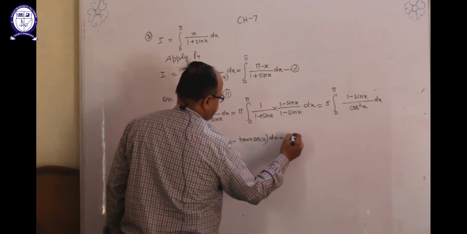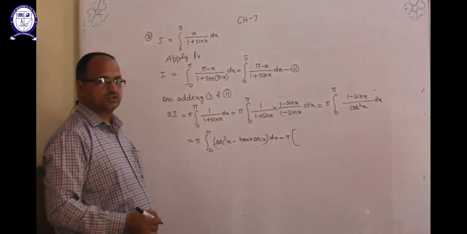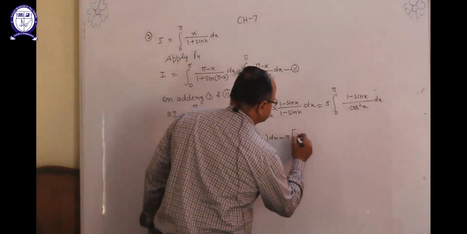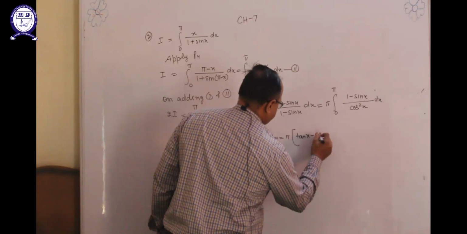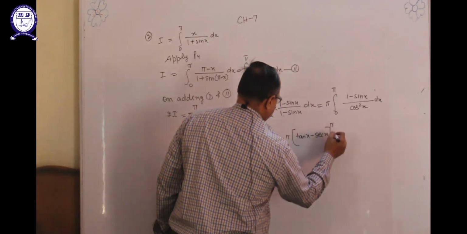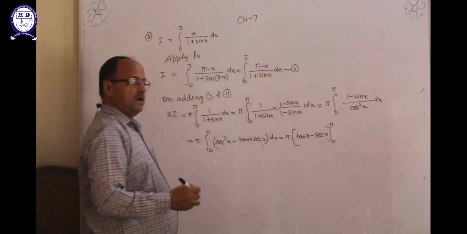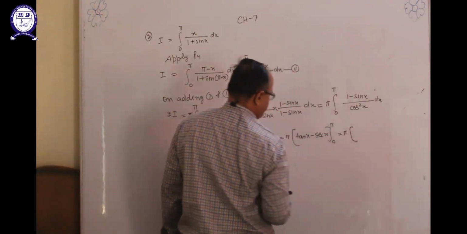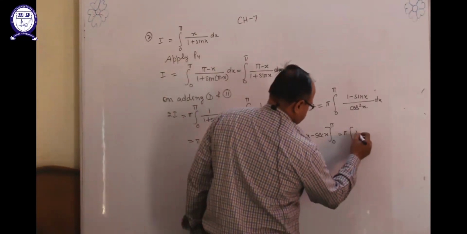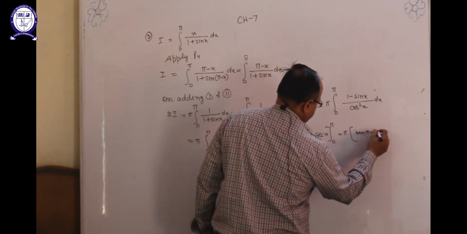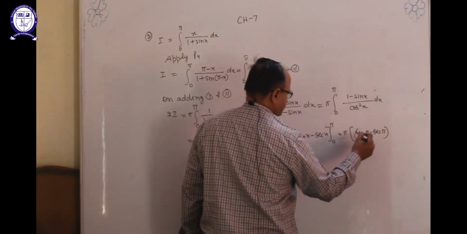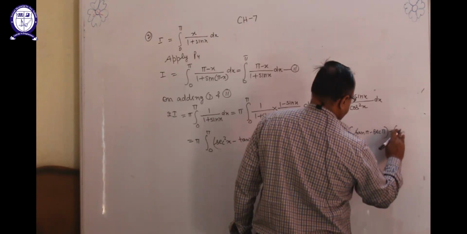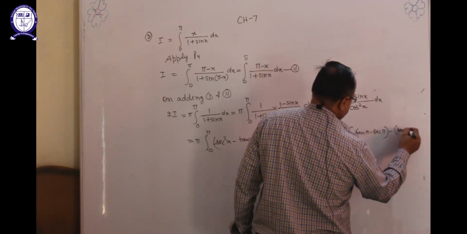The integration of sec square x, a direct formula, is tan x, minus sec x. Now you can apply upper limit minus lower limit. When you put the upper limit, tan pi minus sec pi, minus the lower limit, tan 0 minus sec 0.